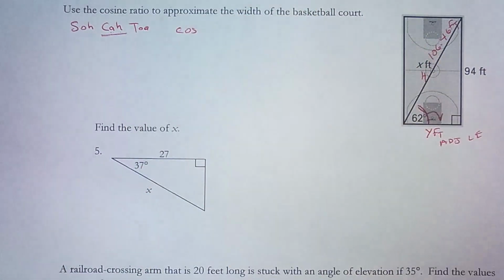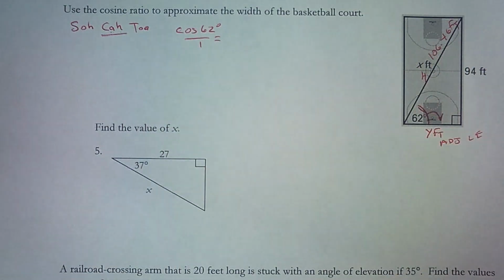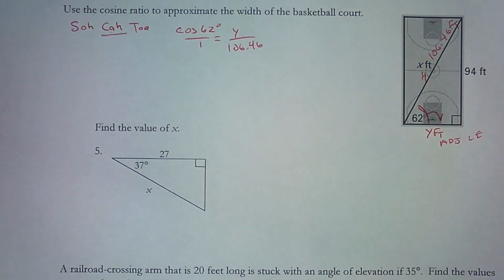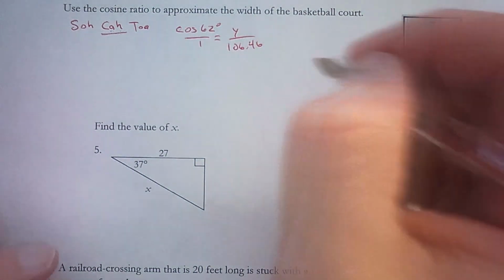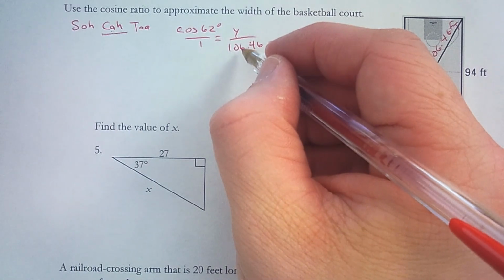So cosine 62 degrees is to 1, as the adjacent leg, y, is to the hypotenuse, 106.46. When I have a number down here, not a letter, I use my cross products.